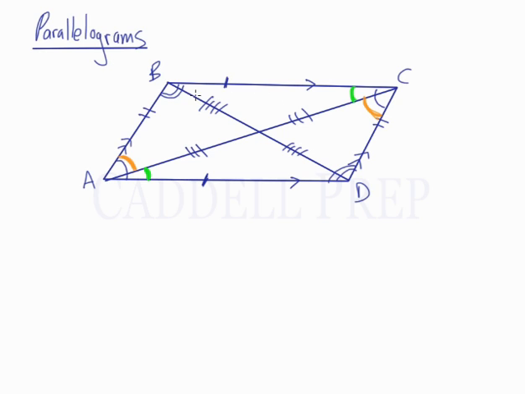This purple angle is congruent to this angle. And this red angle is congruent to this angle. Because we have a lot of parallel lines intersected by transversals. So these are all alternate interior angles, in all cases.